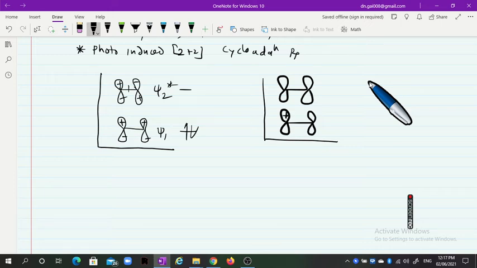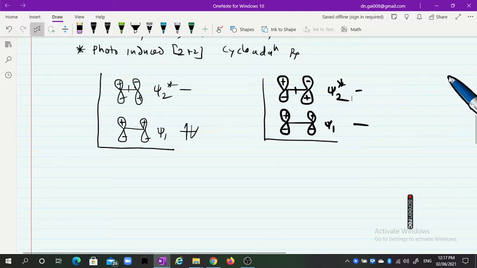Positive, positive, because there is no node. Negative, negative. In this case there is a node: positive, negative, and negative, positive. Psi1 and psi2 star. Correct? In this case there are 2 electrons.